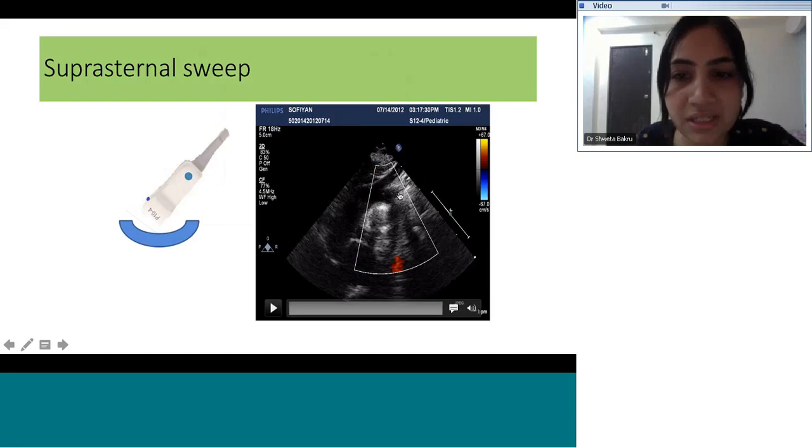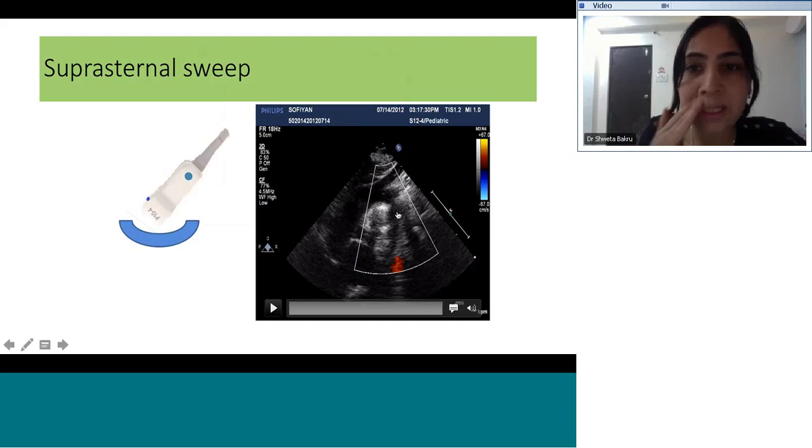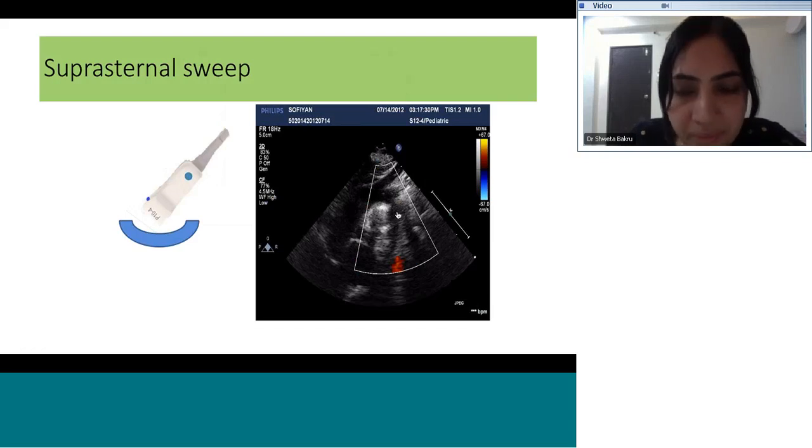Can everybody see this arch? So when in a normal long axis view there is a formation of arch, and when we reverse the probe position to the 1 o'clock position and still there is a formation of arch, it is very much suggestive of double aortic arch.